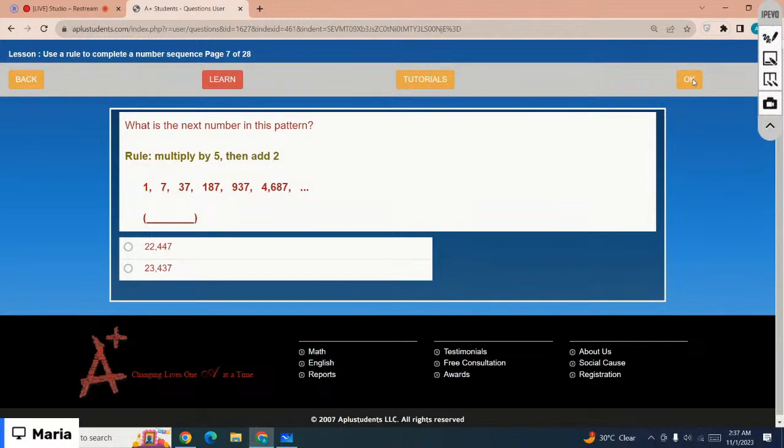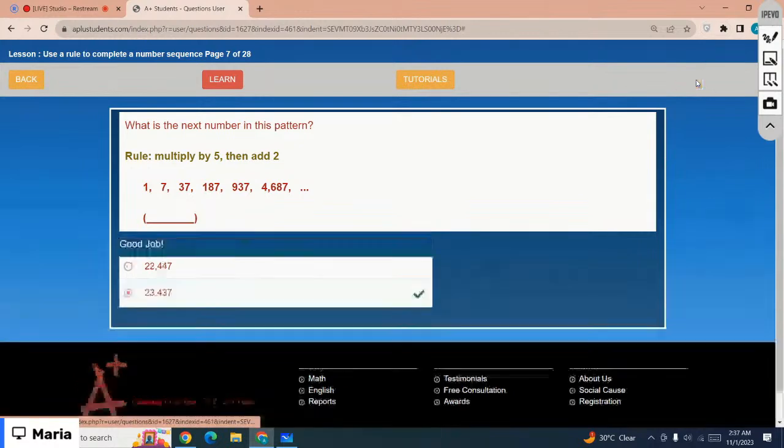The next number is, let me just multiply. 4,687 times 5, that is 23,435. So when you add 2, that would be 23,437 is the correct option, right?